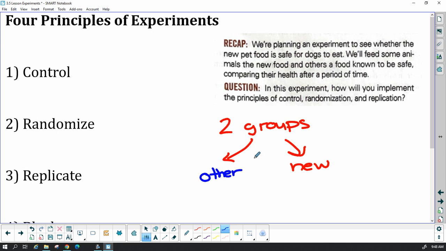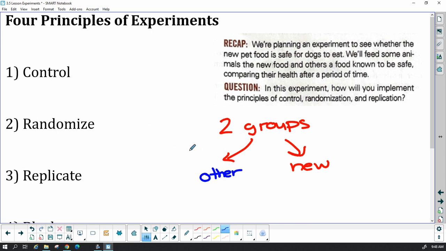So this is our control. We're controlling what the animals eat. Our randomization comes in where, if we have volunteers saying, hey, I would like my pet to participate in this study, usually you're compensated for that, we would randomly assign these animals to either get the new food that we're trying to make sure is safe or some other safe food. So that's where the randomization comes in.